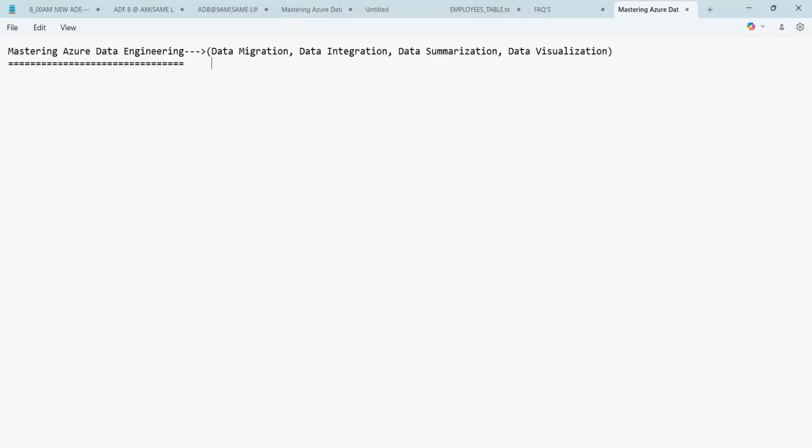So we can say, guys, Azure data engineering is a bunch of cloud services which is used to perform the following operations on the data.